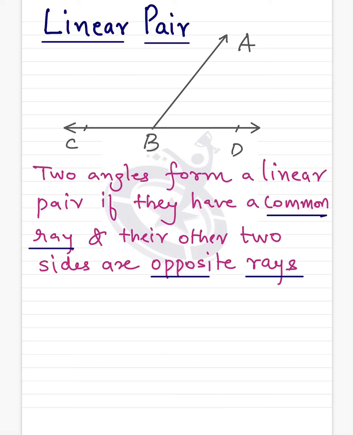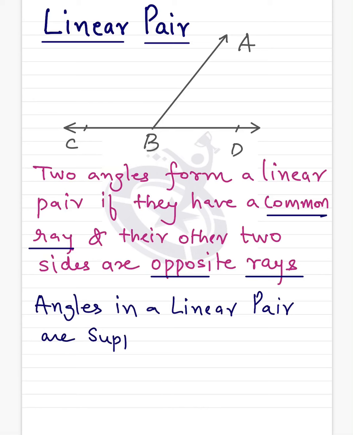Then there's one property here. Angles in a linear pair are always supplementary. Now supplementary means the sum is equal to 180 degrees. Supplementary means the sum of the measures.